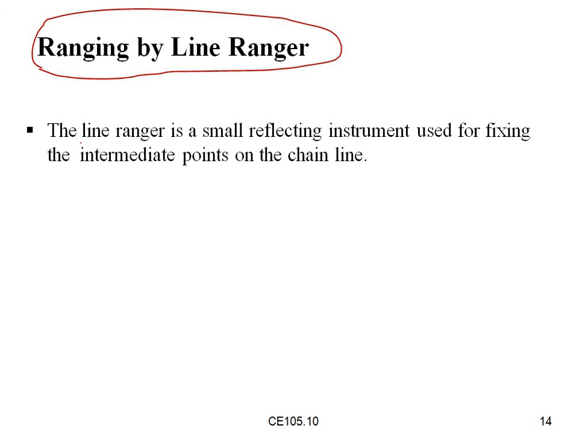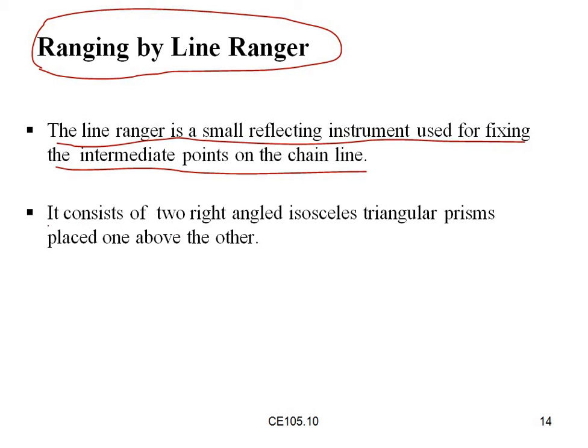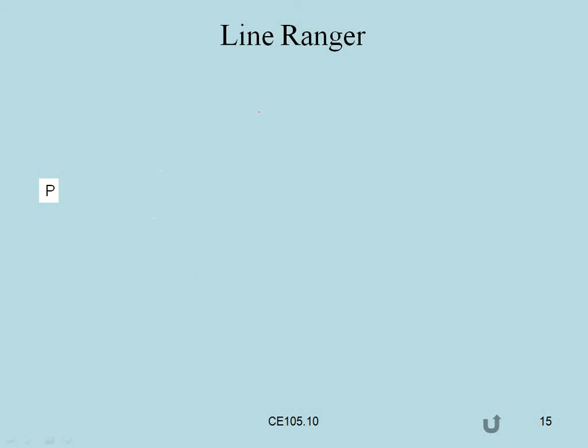Now next is ranging by line ranger. The line ranger is a small reflecting instrument used for fixing the intermediate points on the chain line. We use the line ranger in certain cases. It consists of two right angle isosceles triangle prisms placed one above the other. So we can see the two prisms here.